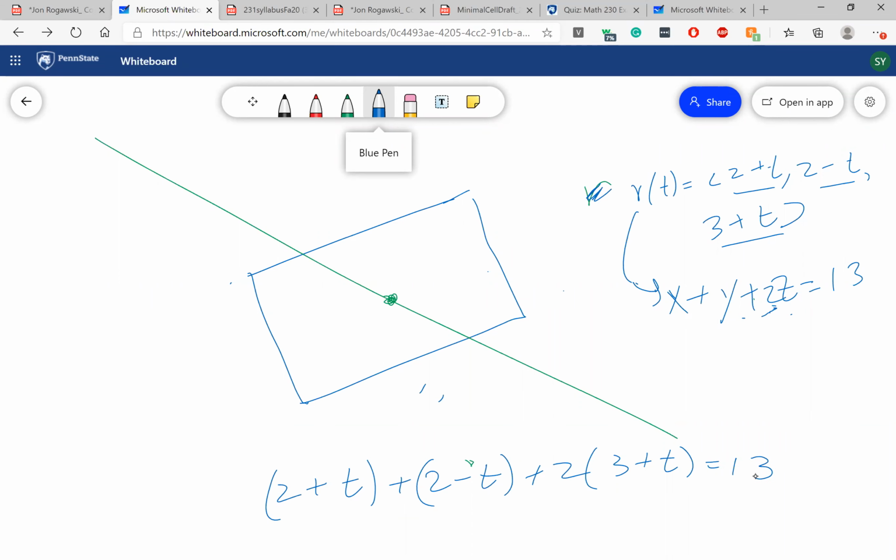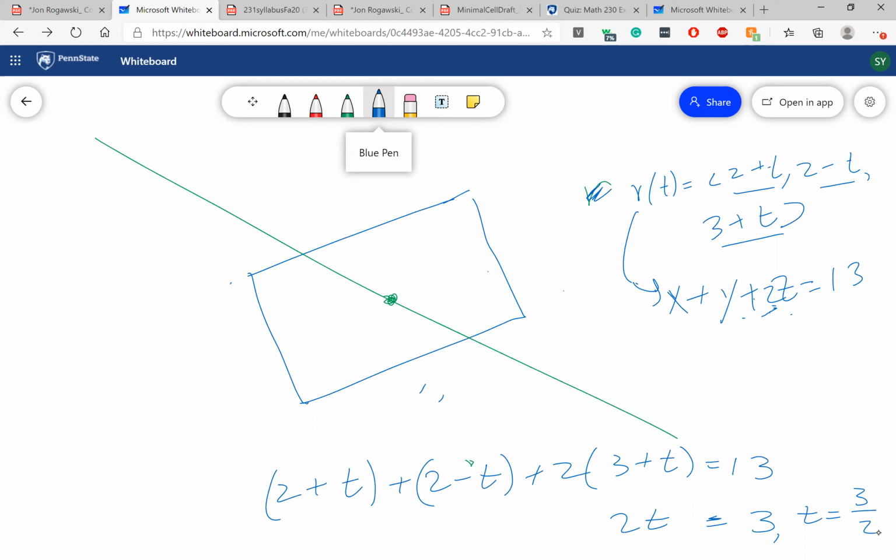This tells me 2 plus 2 is 4, plus 6 is 10, and you move it to the other side, so you get 3. For the t's, we have t minus t plus 2t, so 2t. So now t is equal to 3 over 2.